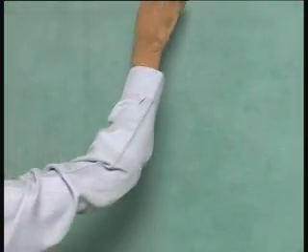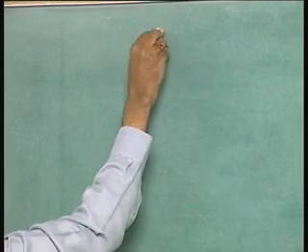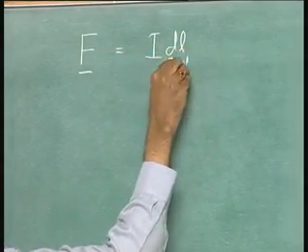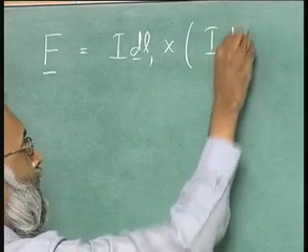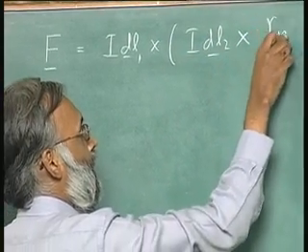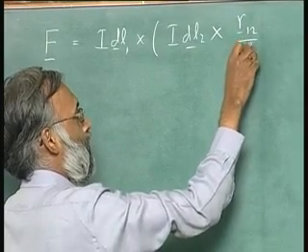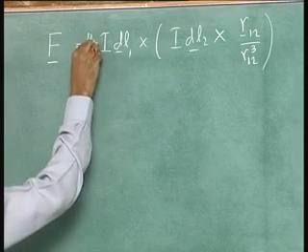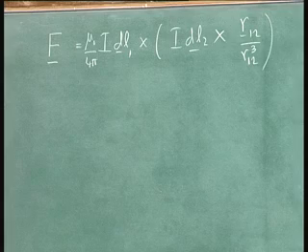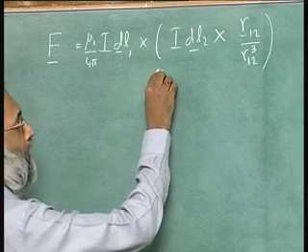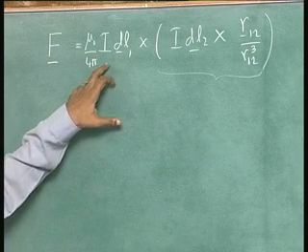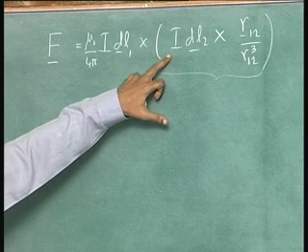First of all, if you remember back, we said that the magnetic force was observed, mind you, to be equal to I dl1 cross I dl2 cross r12 over r12 cubed, and there is a mu naught over 4 pi, and this bracket was identified just like we identified the corresponding bracket in electrostatics.